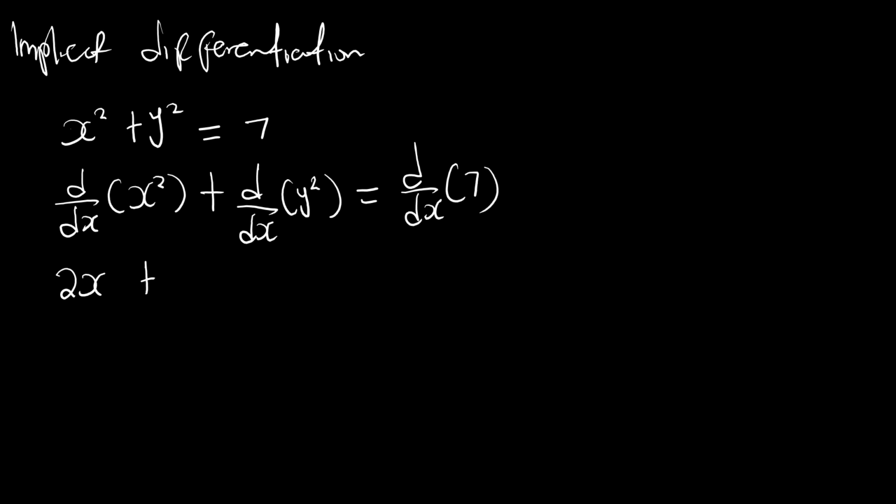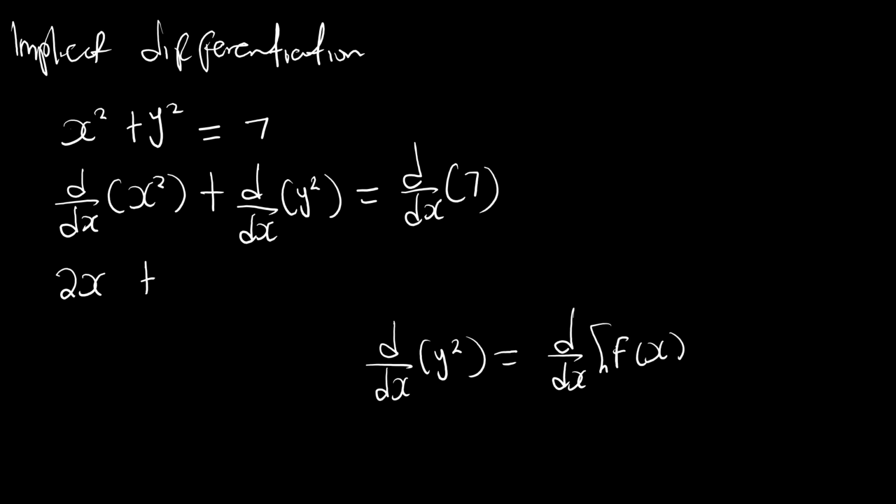One thing you need to know is that the derivative of y squared is still the same as the derivative of f of x, all squared, because y is the same as f of x. Here we are going to apply the chain rule.